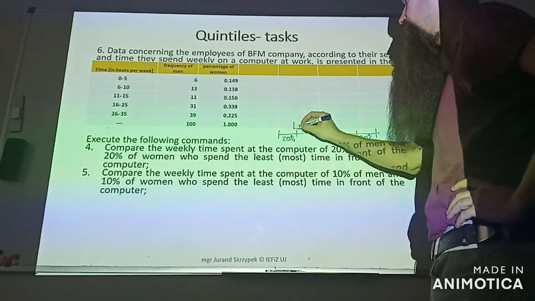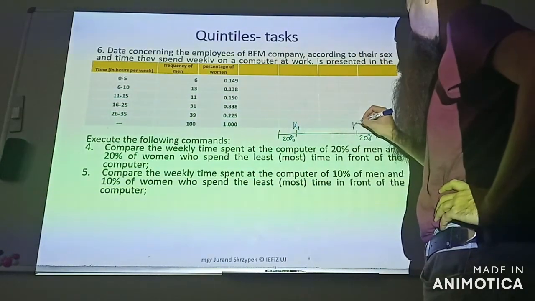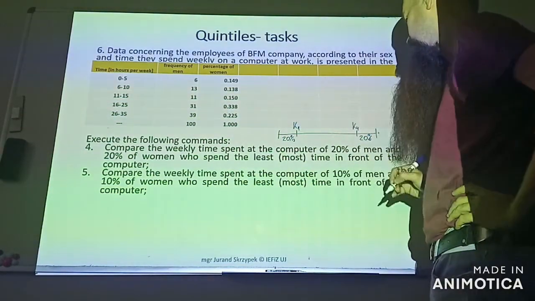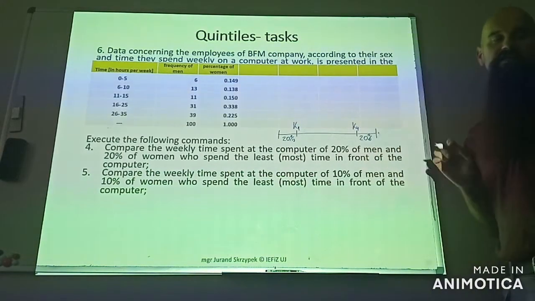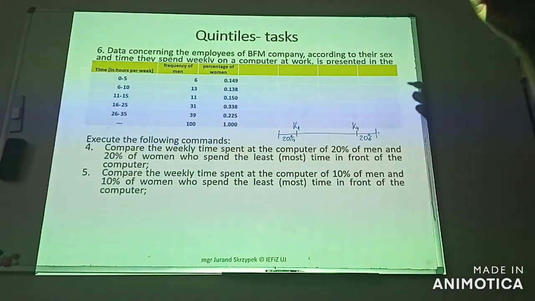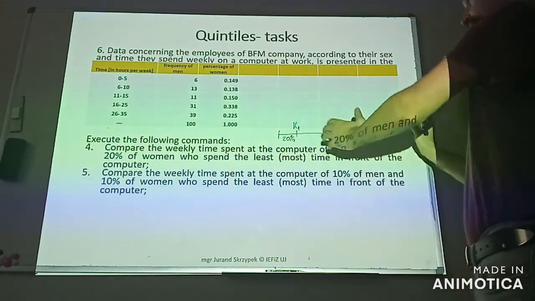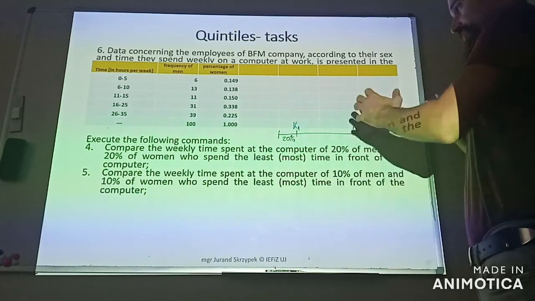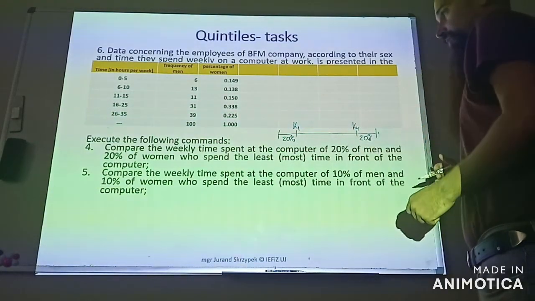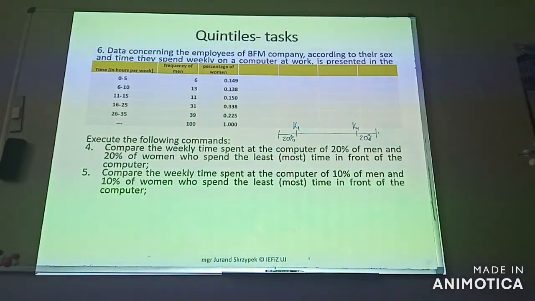So we need first quintile and the last quintile, which is the 4th quintile in this interval series, in order to indicate mentioned before groups. Yeah, we need first and the last quintile for women and men.